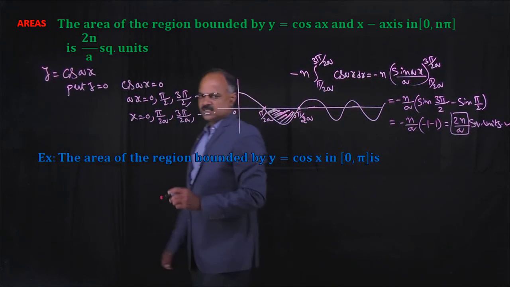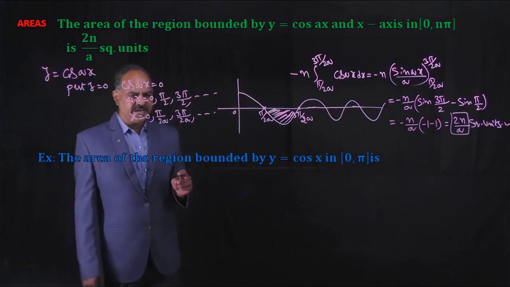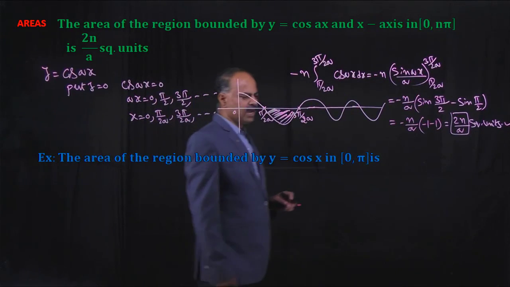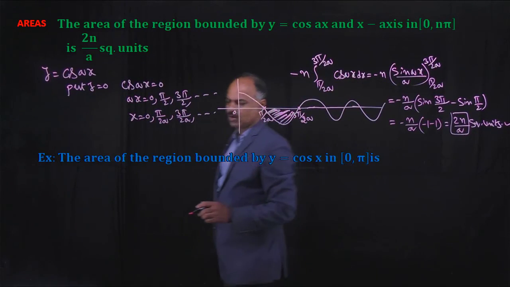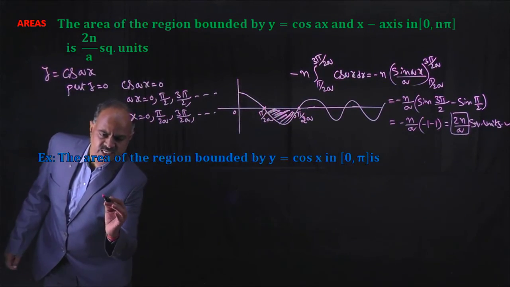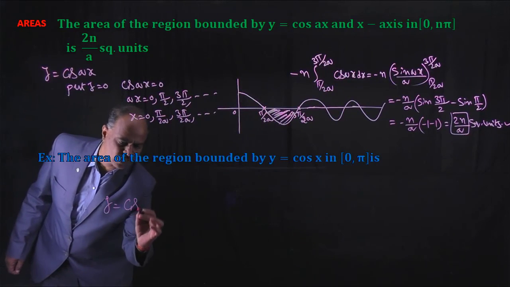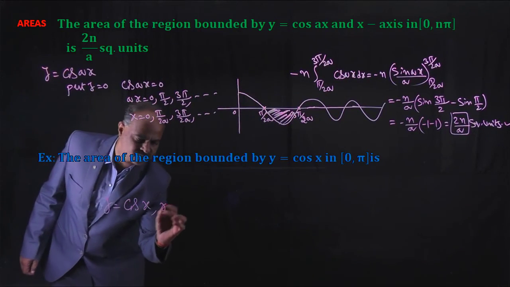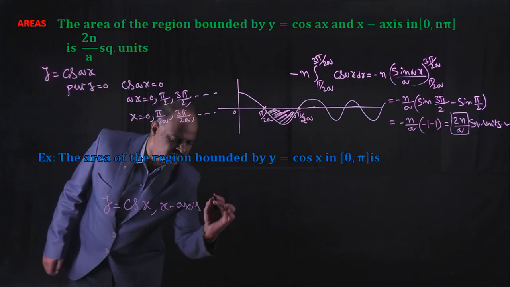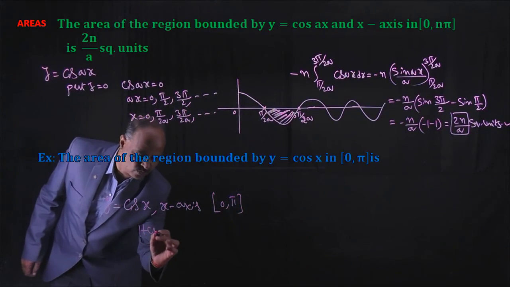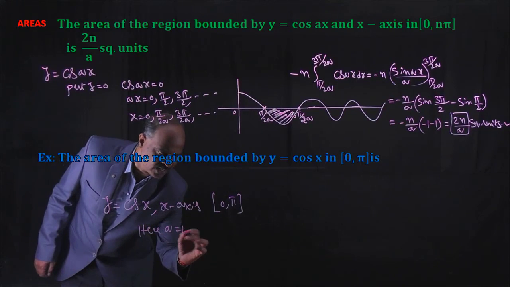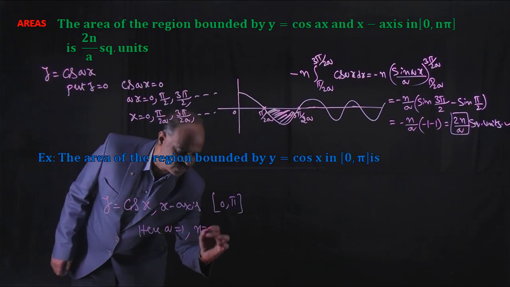Next, suppose for example the area of the region bounded by y equal to cos x and the x-axis in the interval 0 comma pi. So here a is equal to 1 and n is equal to 1.